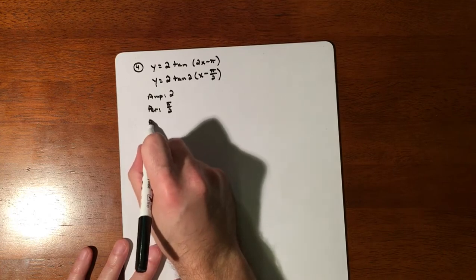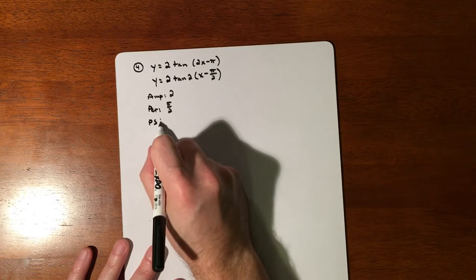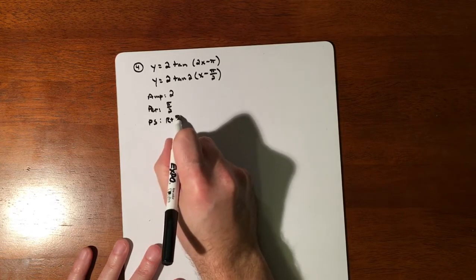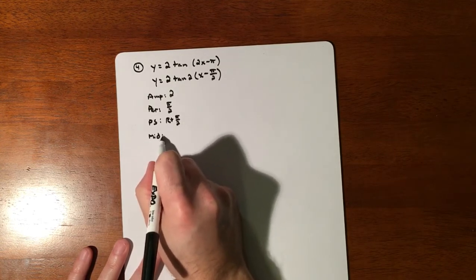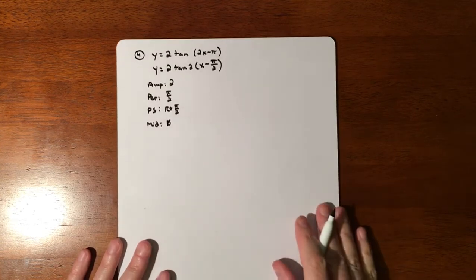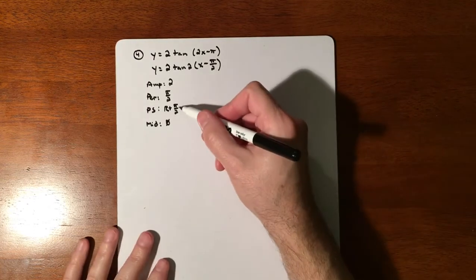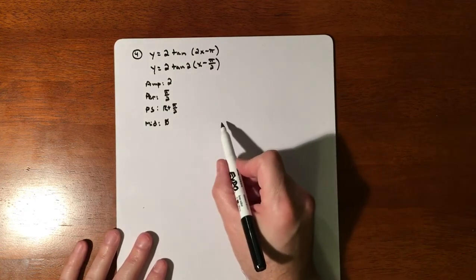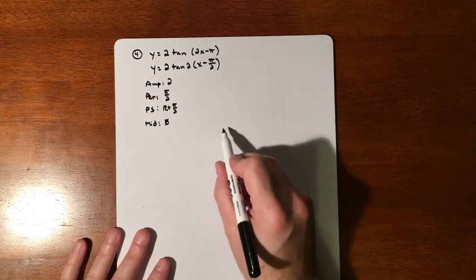Our phase shift is going to be right pi over 2, and then our midline, we don't have anything. Now strangely, you're going to shift right pi over 2, so we're going to see that that ends up being a little bit weird. Not weird, but there's something unique on it.